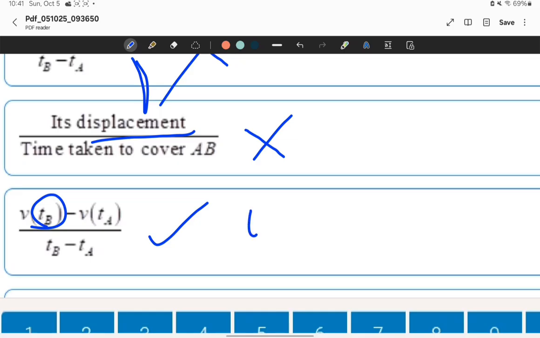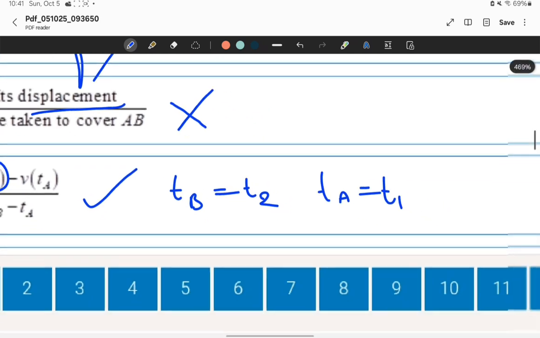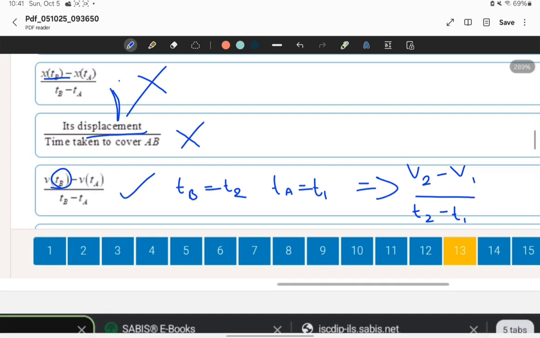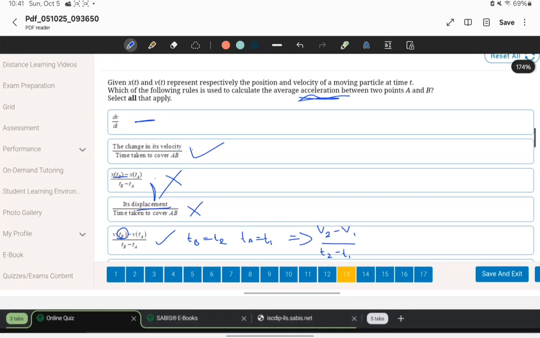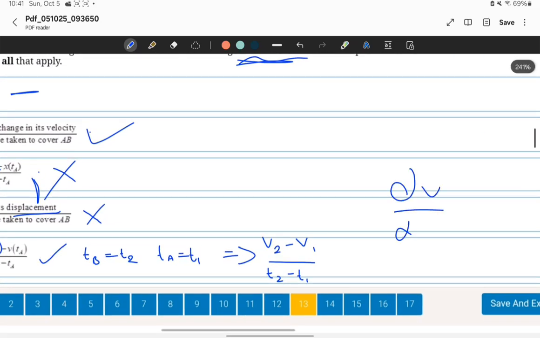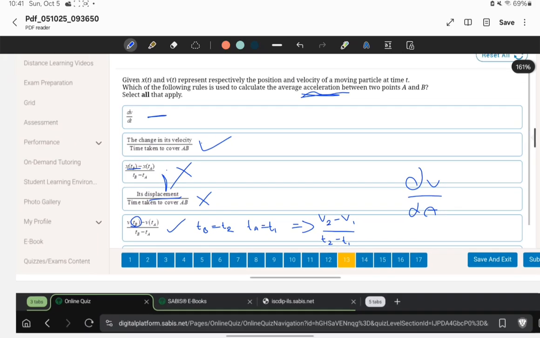So basically tb just means like time 2, right, and ta is just time 1. So that means this is the exact same thing as just saying v2 minus v1 over t2 minus t1. So we choose it, it's correct. And the last option, it's wrong. It's something like dv over dA, but it's wrong. Again, it's a derivative, doesn't have anything to do with anything.